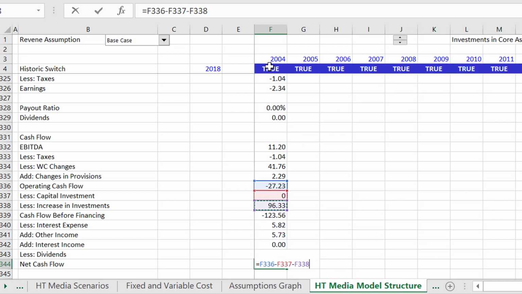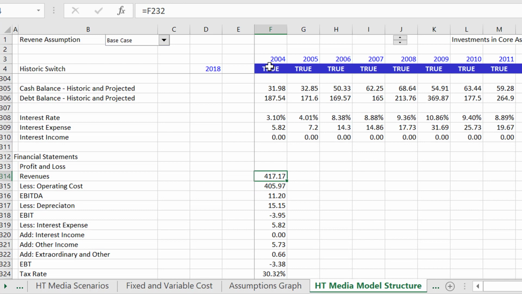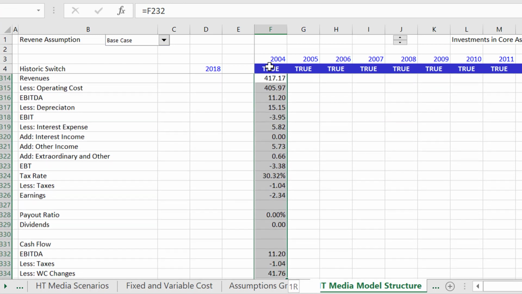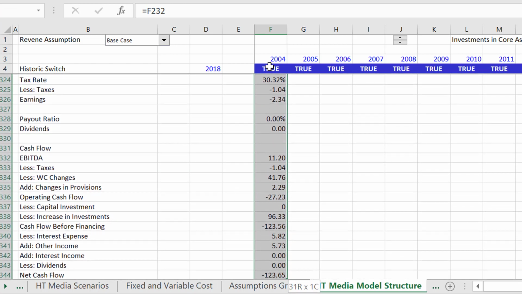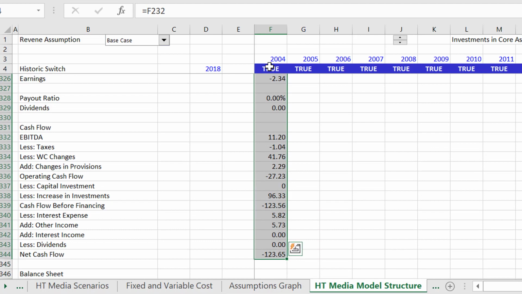I should have started with cash flow before financing, minus the interest, plus the other income, plus the interest income minus the dividends. Okay, so that's our cash flow, meaning that we have to go and get some cash flow somewhere, and that's the line that attaches to the whole thing all the way at the top.